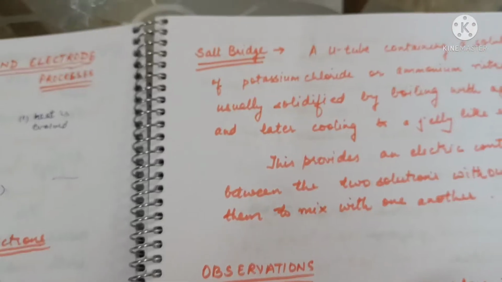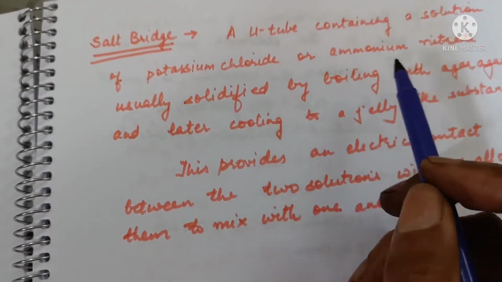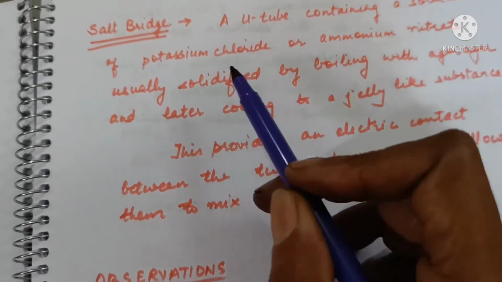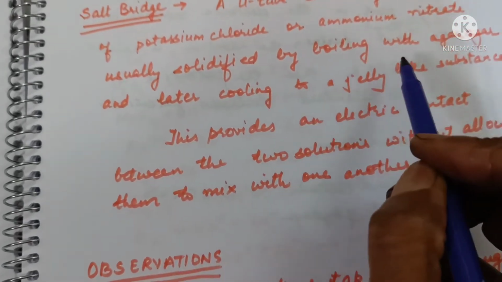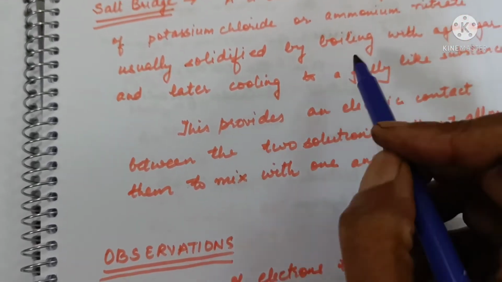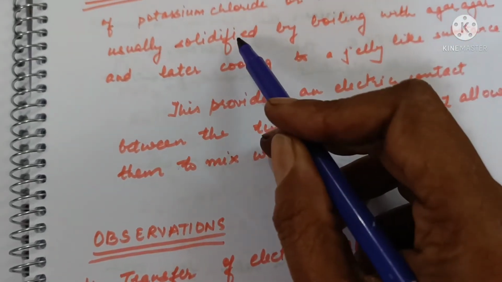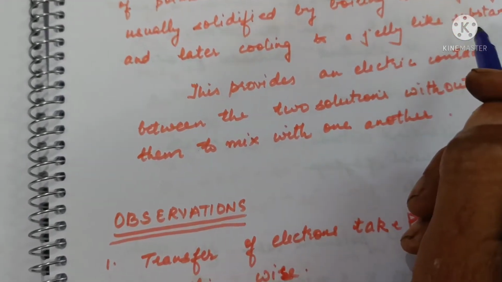The salt bridge is a U-shaped tube containing a solution of potassium chloride or ammonium nitrate, usually solidified by boiling with agar-agar and later cooling. First we boil with agar-agar and then we cool, and it gets solidified to form a jelly-like substance.